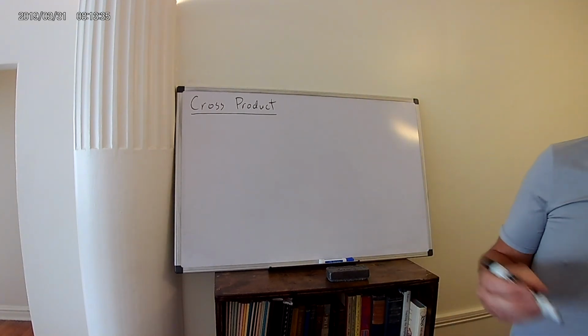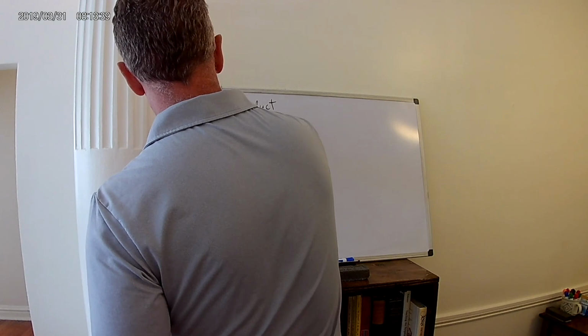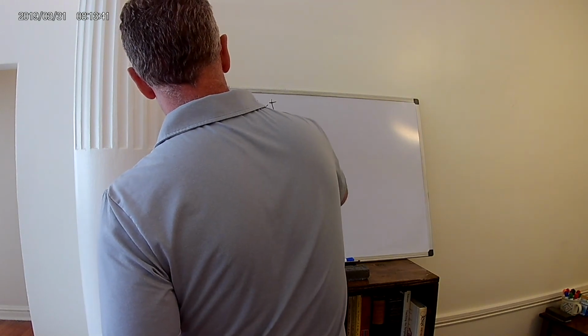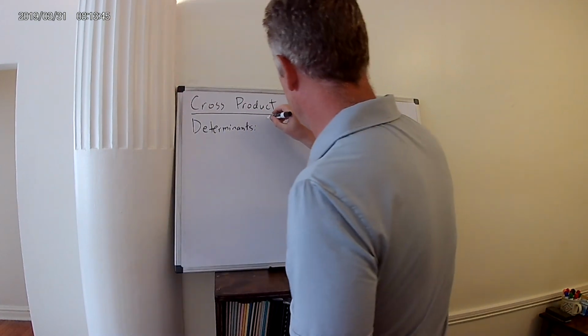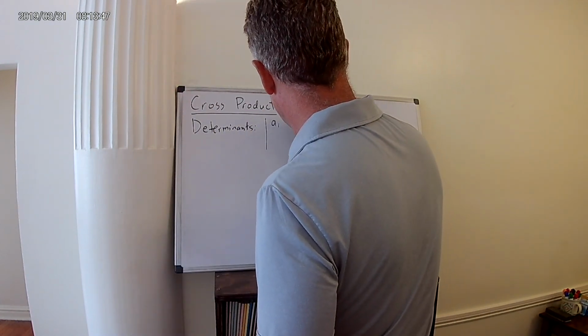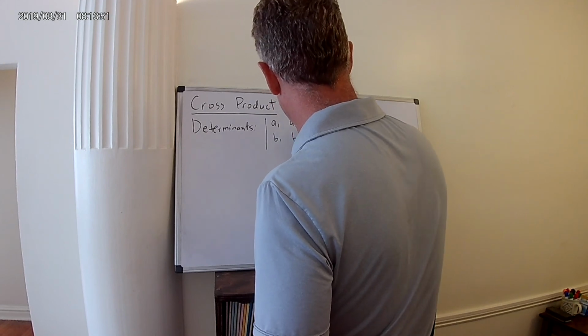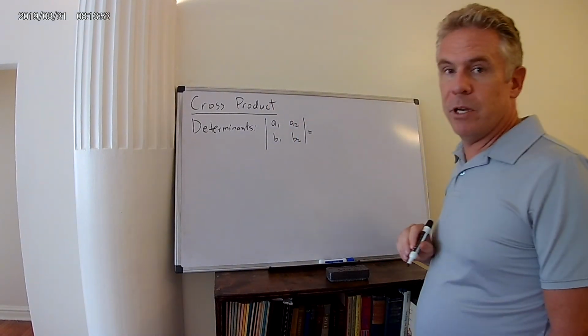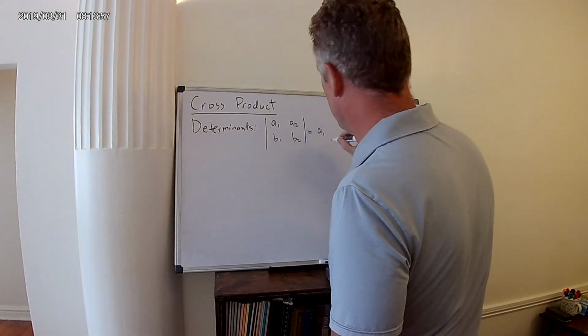Before we talk about the definition of the cross product, let's first talk about determinants. If we have a 2 by 2 matrix, A1, A2, B1, B2, the way we calculate the determinant of this matrix is we cross multiply and subtract.